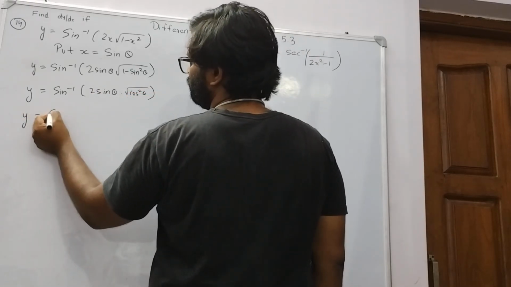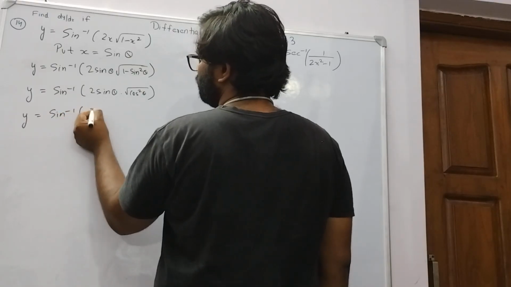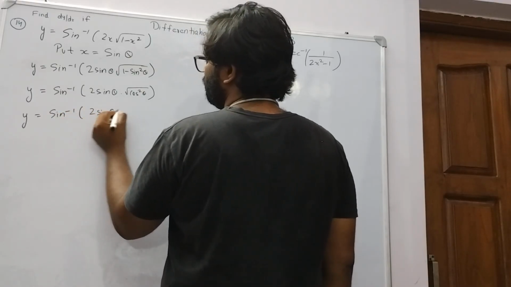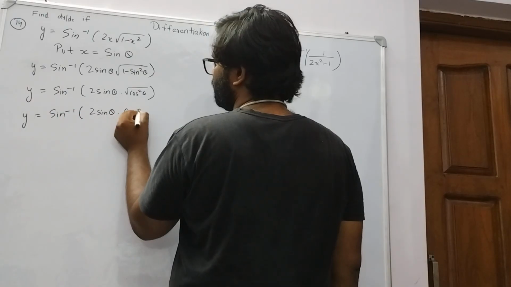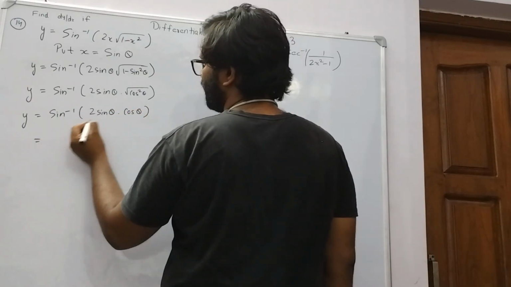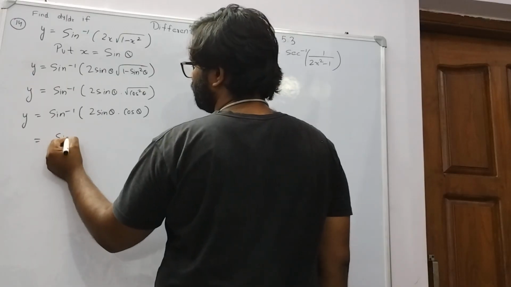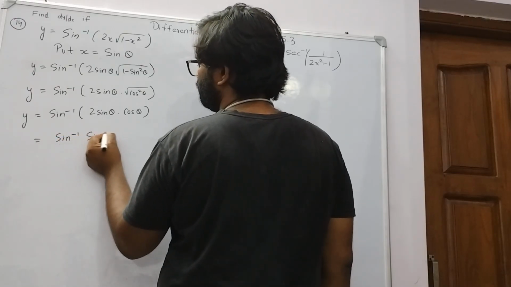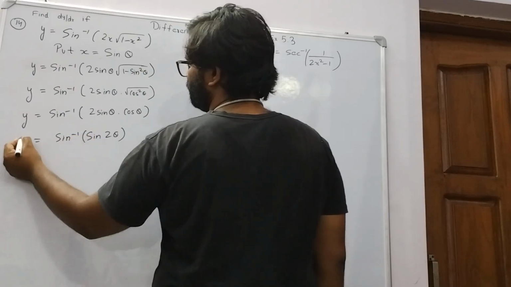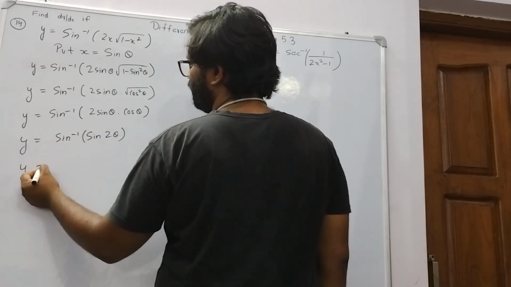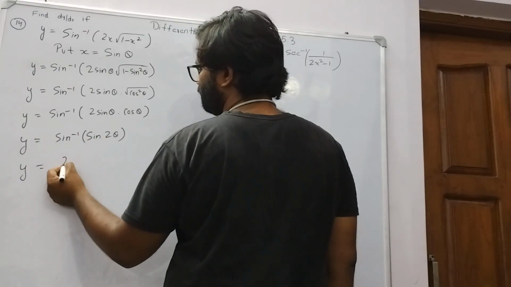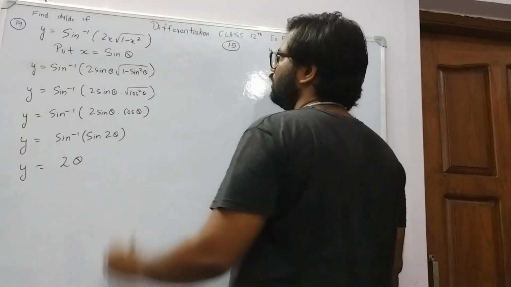So y is equal to sine inverse 2 sine theta, and root of cos square theta will become cos theta. Sine inverse of 2 sine theta cos theta is always equal to sine 2 theta. So y will be equal to sine inverse sine 2 theta, so we can simply get 2 theta.